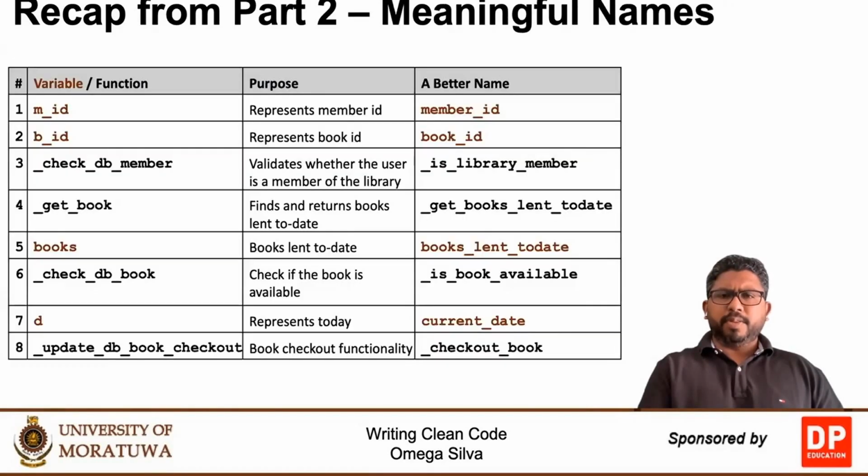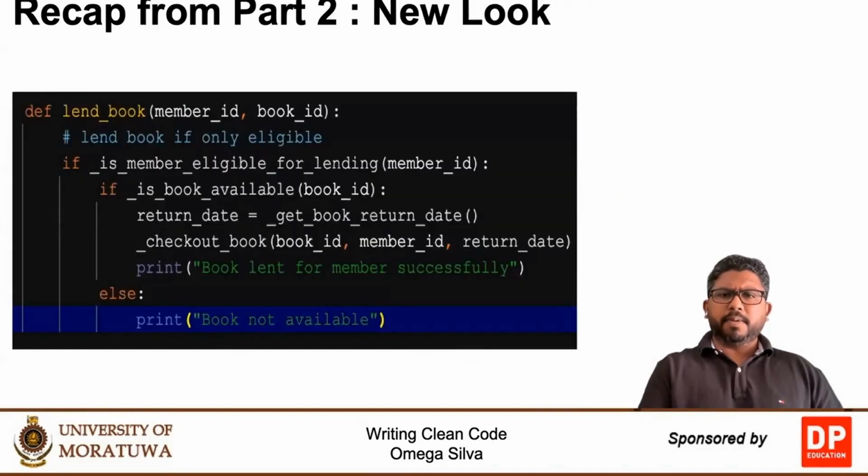And we improved this function by substituting the variables and functions with more meaningful names. And we also looked at how we could break down this logic in extracting functions that do one and only one thing. If you do not remember what we covered in part 2, I would suggest that you have a look at the lecture videos and slides on part 2 before getting started with the new content.